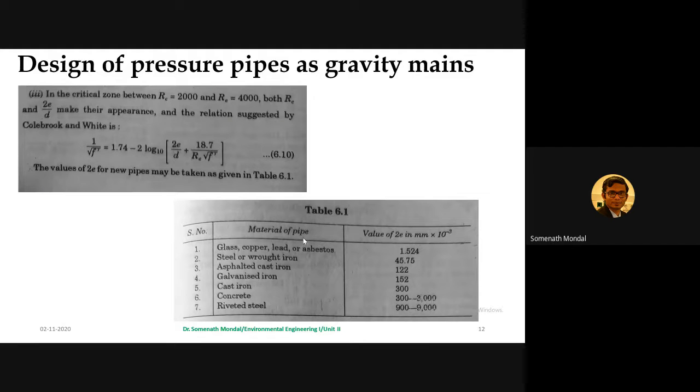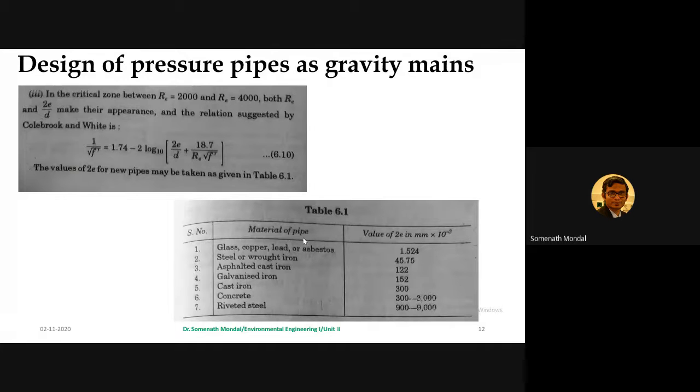Even if e is known, D is not pre-known, because D is what you are going to design. So a trial and error solution will be required, making it complicated. And that is the reason these days designers are not preferring it, despite the fact that this formula has been used for the last 100 years. So that means we have a better substitute for this particular formula.